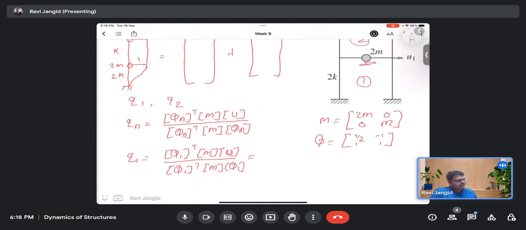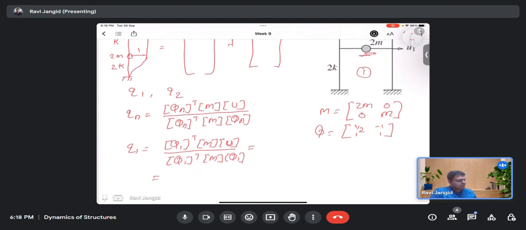So let us put phi 1. Phi 1 transpose would be 1 by 2, 1. The mass matrix would be 2m 0 0 m. U is given to you as 1, 1.